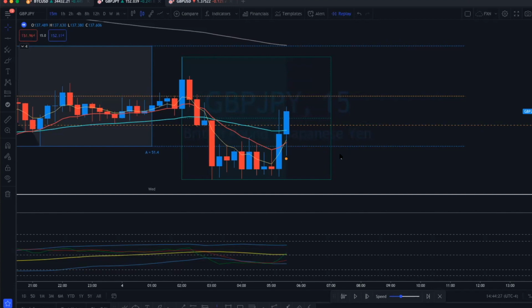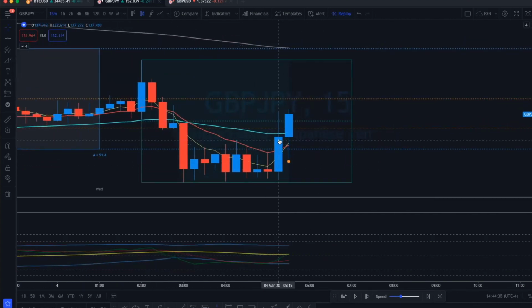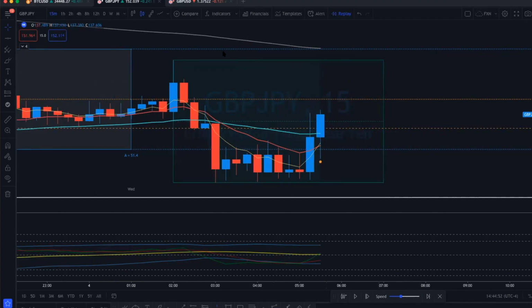So when you make a trading decision, you're making it after this candle's over with. After this candle's over, then you make a decision to either get in the trade or not. You're not making the trading decision while this candle's still going. Because if you make a trade decision during this candle, you're only basing it off of the previous closed candle.